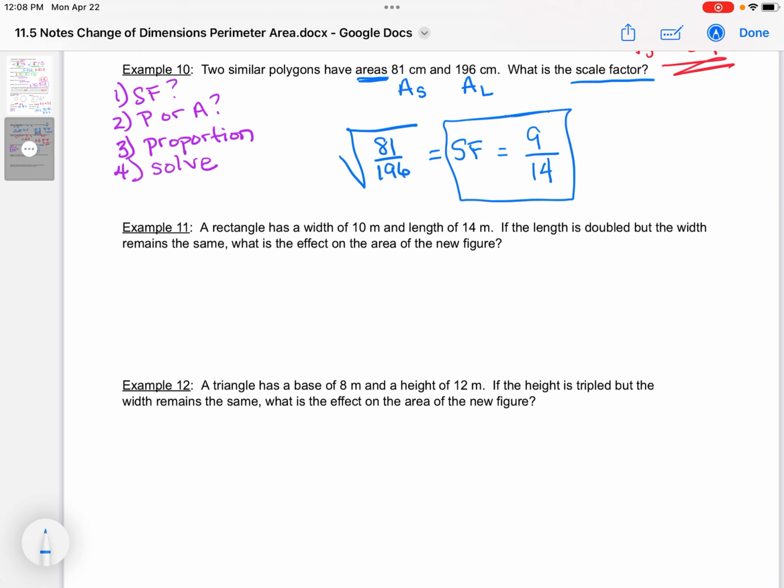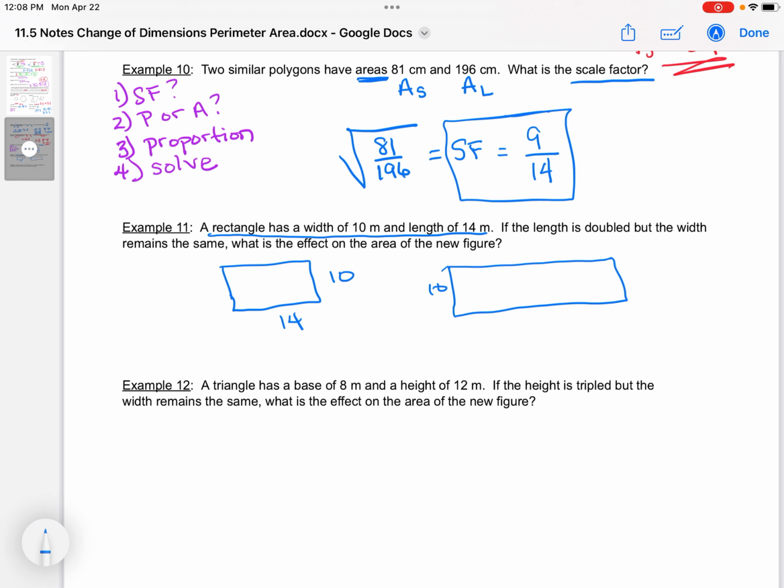Okay, now we're going to do some changes where we're only changing one thing. So we have a rectangle. I'm going to draw my rectangle. It's 10 by 14. Okay, I'm going to draw a new rectangle. The length is doubled, but the width stays the same.